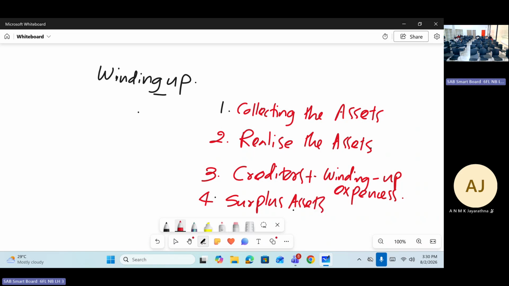Surplus assets could be distributed among the shareholders. That is the end of the company, or its existence is ceased after the liquidation, after this process. Right, that is the winding up.